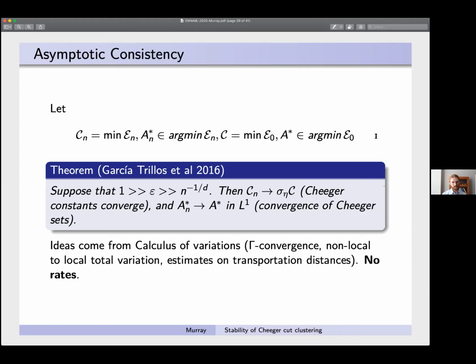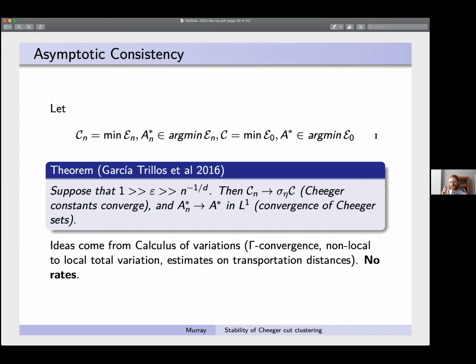What we can say is that these Cn's converge to C, modulo a scalar that depends on eta, the version of the Cheeger set energy. And in addition, we have that the An stars converge to A star. So A star here is the limiting Cheeger set, the continuum Cheeger set, and An star are the underlying Cheeger cuts on these data clouds. And one can say that the An stars converge to A star in some type of L1 topology.